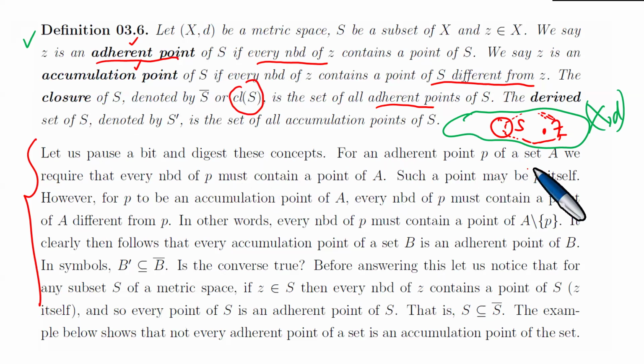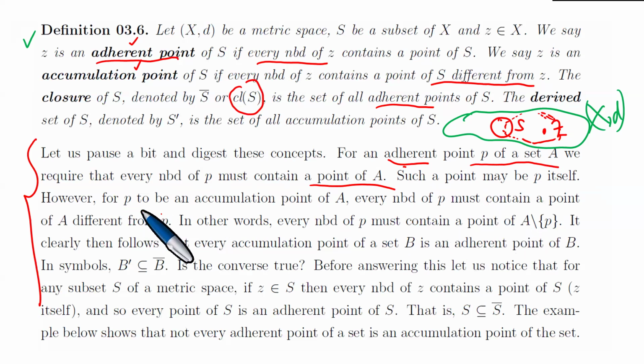For an adherent point P of a set A, we require that every neighborhood of P must contain a point of A. This is very important. For an adherent point, the points that adhere, that attach themselves to the boundary, we require that every neighborhood of P must contain a point of A. Such a point may be P itself.